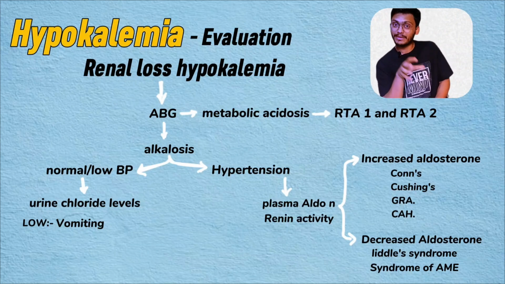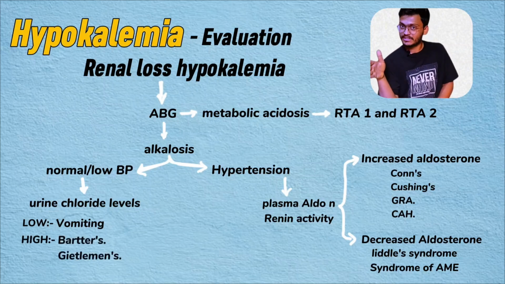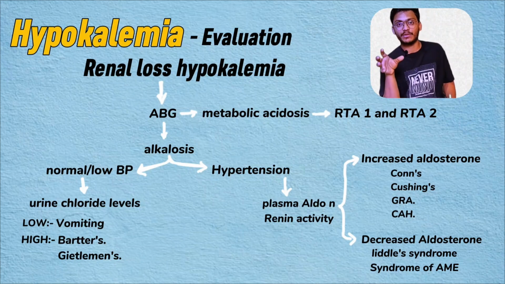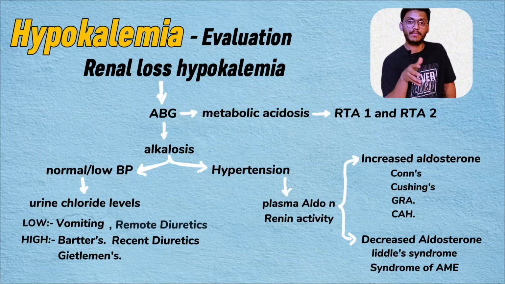If you find increased chloride levels, then it is a case of Bartter syndrome or Gitelman syndrome. And one more thing is diuretics. In the early stage of diuretic use, urinary excretion of chloride is high, and in the later stages, if you use diuretics for a longer time, it also causes hypokalemia, but urine chloride levels will be low. So this is how you evaluate a case of hypokalemia.